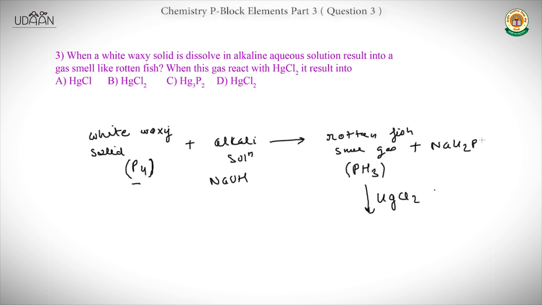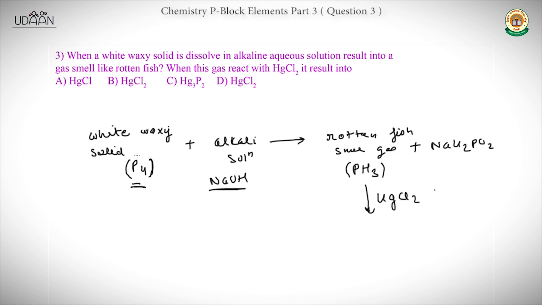Yes, it is getting disproportionated in the alkaline solution. P4 gets disproportionated. Disproportionate means it gets reduced and oxidized both at the same time. The same compound is being oxidized and reduced.